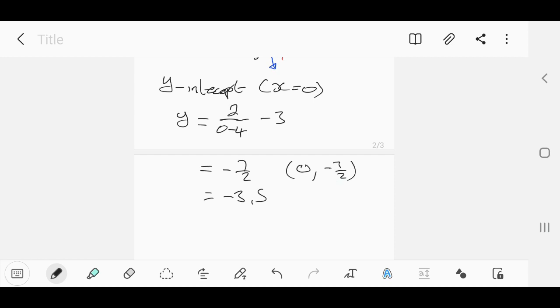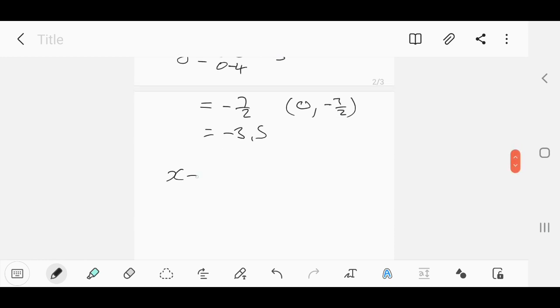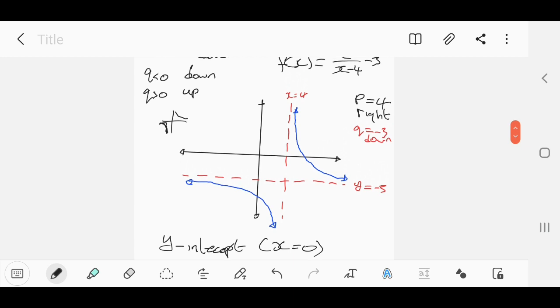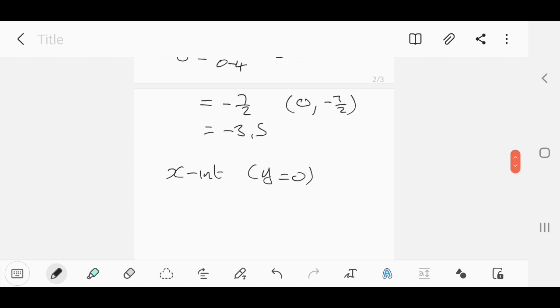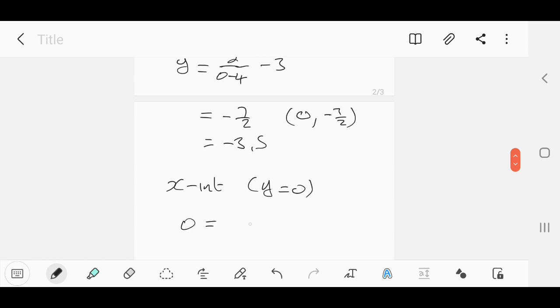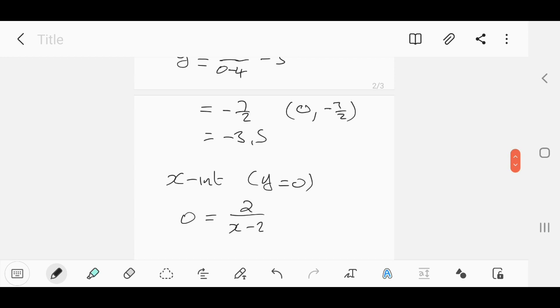So for my x-intercept, I must make y to be 0. Remember I said f of x represents y, I must make it 0, equals 2 over x minus 4, minus 3.